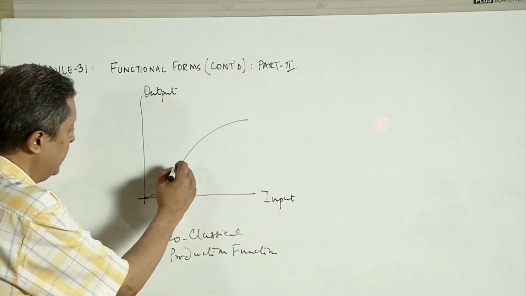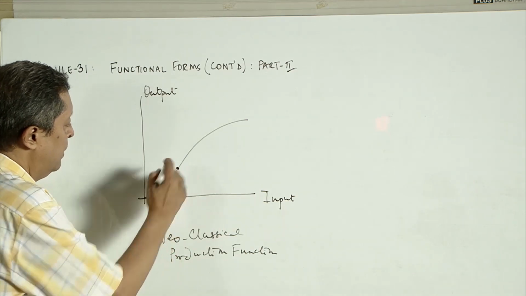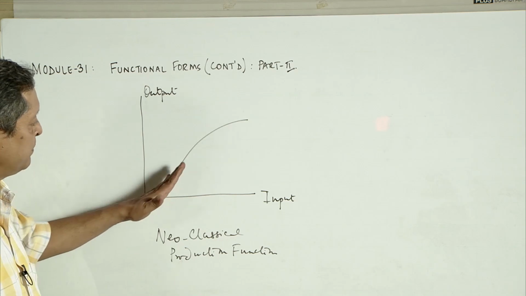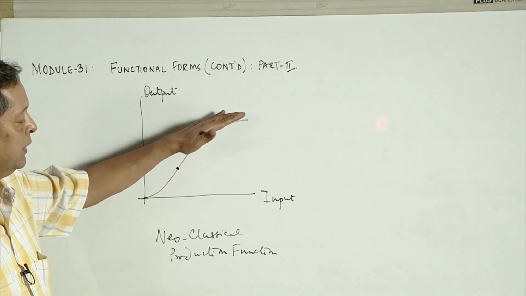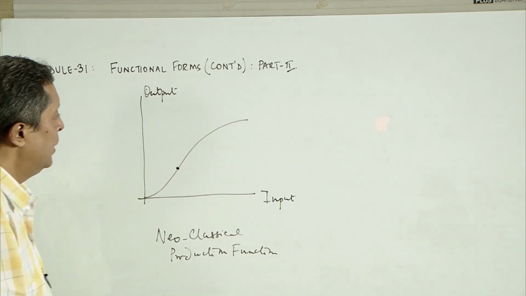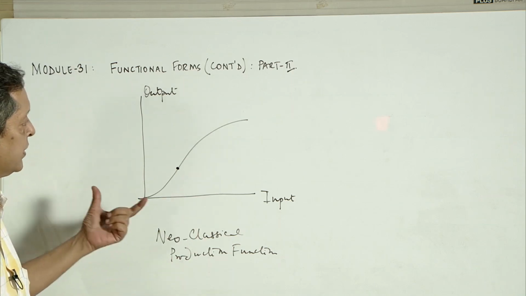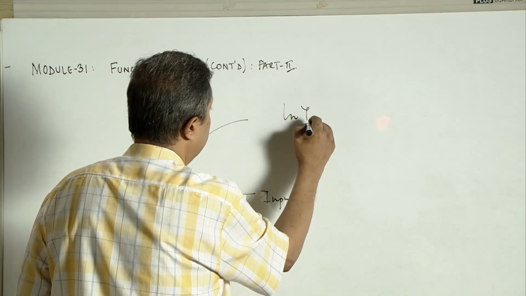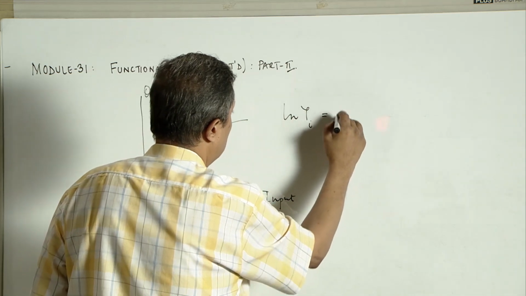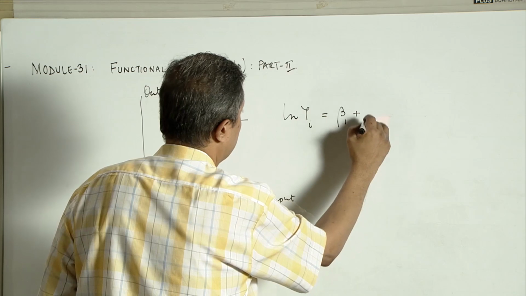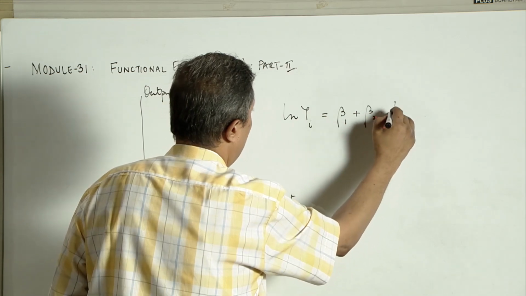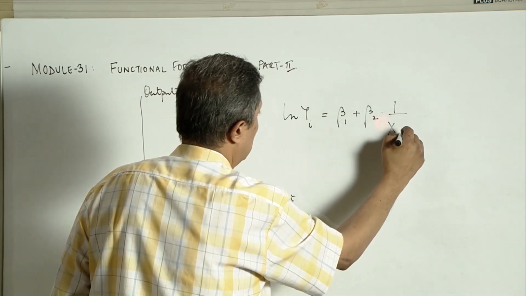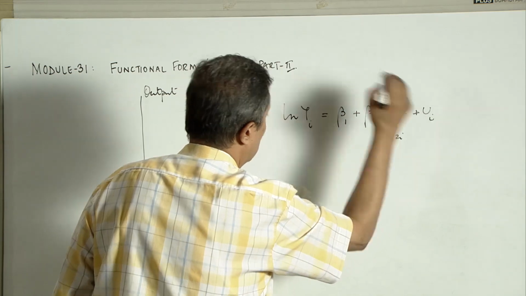So, there is a point of inflection. Before that we have increasing productivity, after that we have diminishing productivity. So, the model that captures this kind of behavior is log yi equal to beta 1 plus beta 2 times 1 upon x2i plus ui.